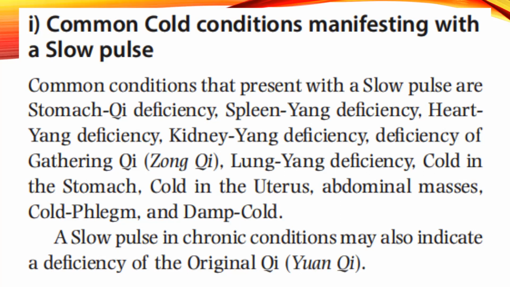Review po natin. Lung yang deficiency, cold in the stomach, cold in the uterus. Pag mayroon po mga abdominal masses or may cold phlegm and damp cold. Yan. Nakita niyo yung yang deficiency karamihan. Ibig sabihin, bumababa po ang yang kaya cold yung nararamdaman kaya mabagal ang pulso.